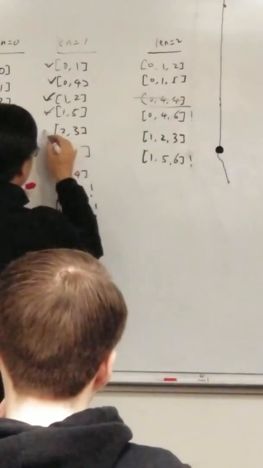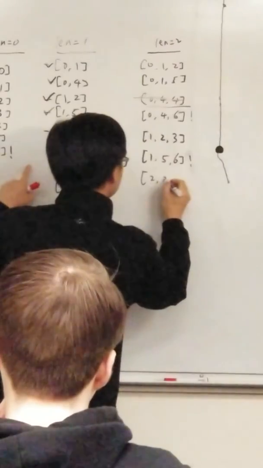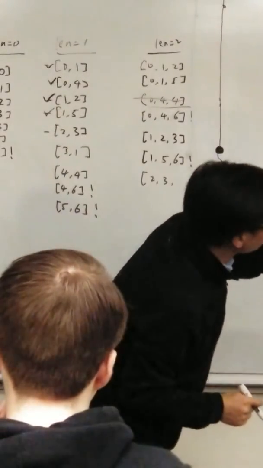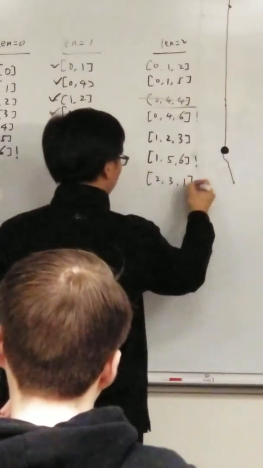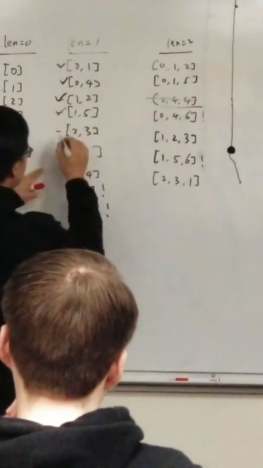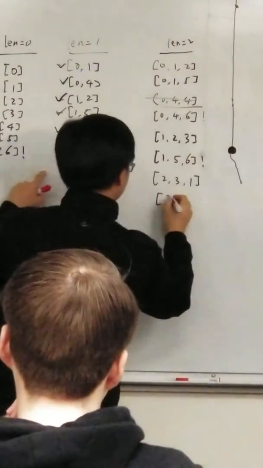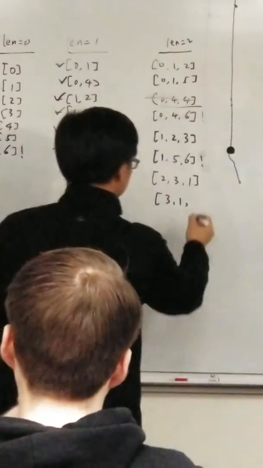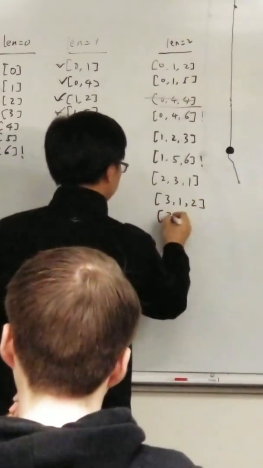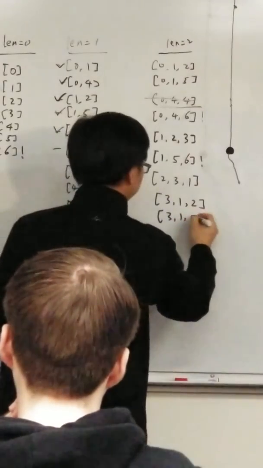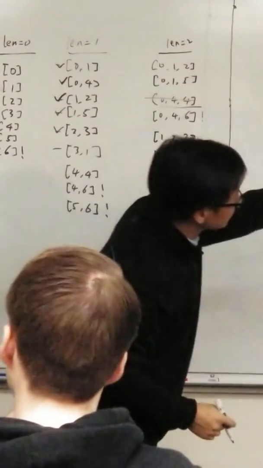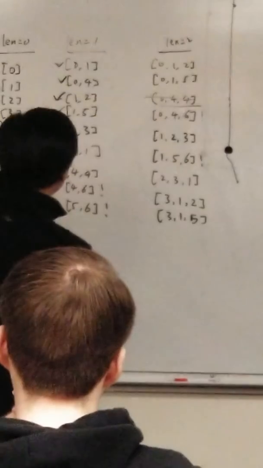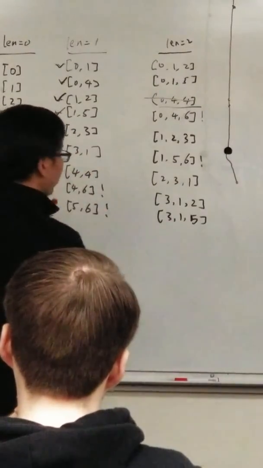To finish this one, go to 2, 3. 2, 3, 1. That's the only extension, right? So I'm going to 3, 1. 3, 1, 2. That's one extension. 3, 1, 5, right? Okay. Finish this one. Go to 4, 4.